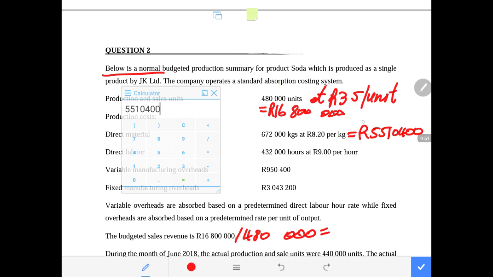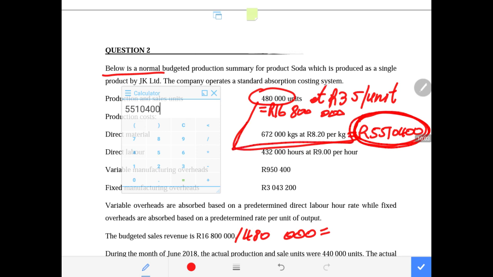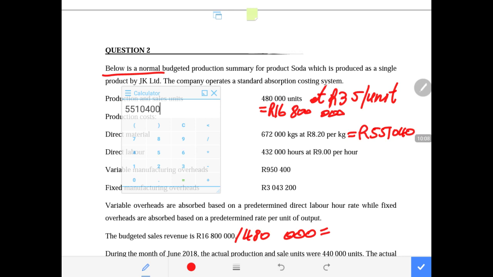Therefore, what we can do is take the total and divide it by the number of units that we want to manufacture, because this is the total cost of material that will be incurred in order to manufacture the total 480,000 units. So if we divide the total cost of material by 480,000 units, we get our material cost per unit, which is 11 rand 48 cents.